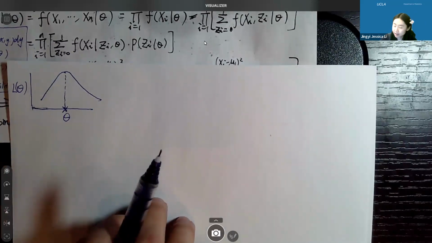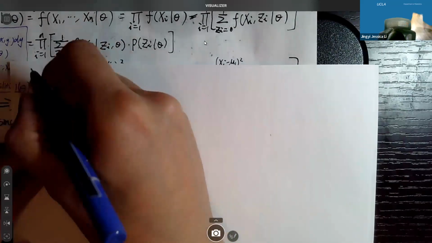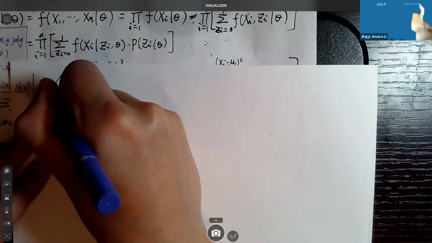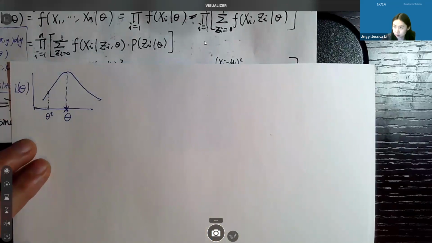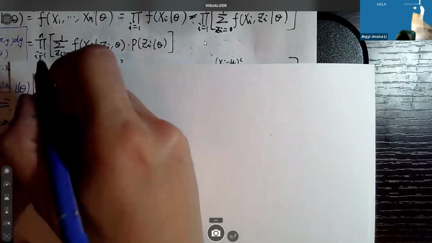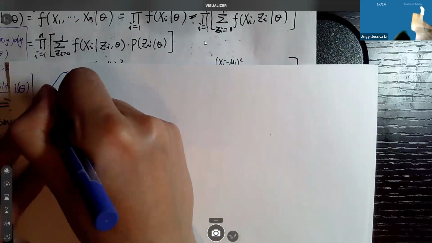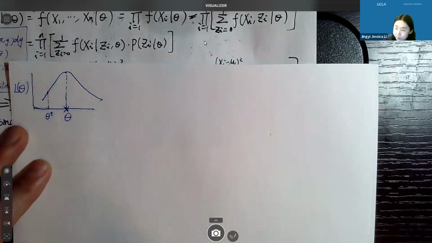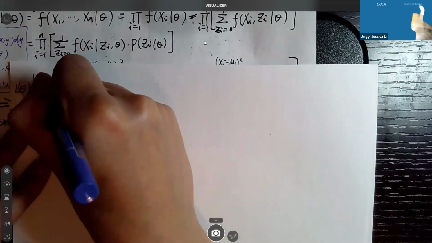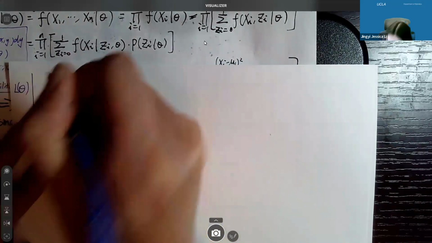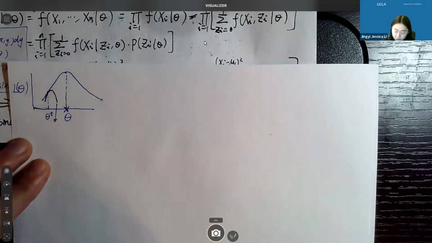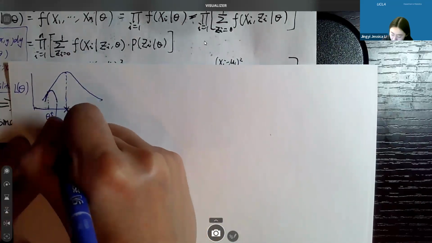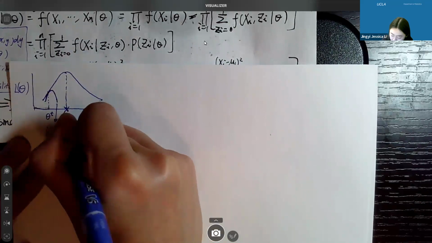And a common strategy is that for every value of theta, let's call this theta t, where t means the tth iteration, if you can find a function that is less than or equal to this L of theta, but is tangent to L of theta at theta t, call it h of theta given theta t.